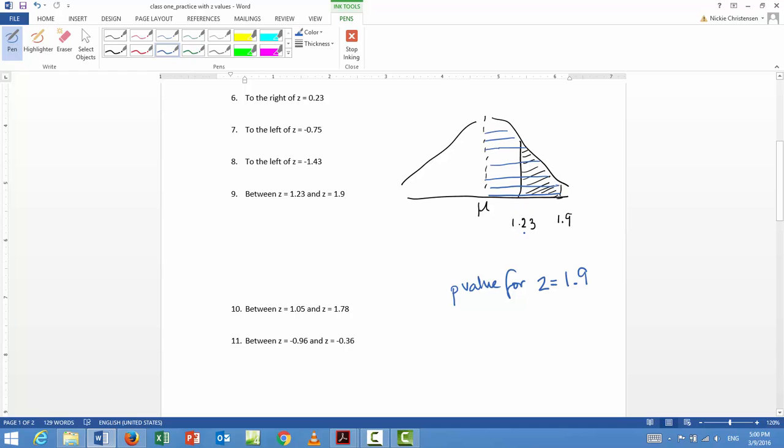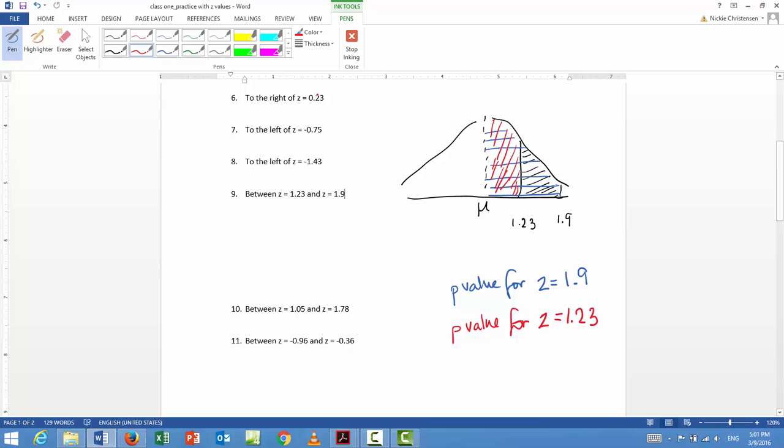Now if we find the p-value for our other z value, 1.23, we'll do that in red. I'll do a diagonal shading. That's going to be this. So the red is the p-value for z equals 1.23.